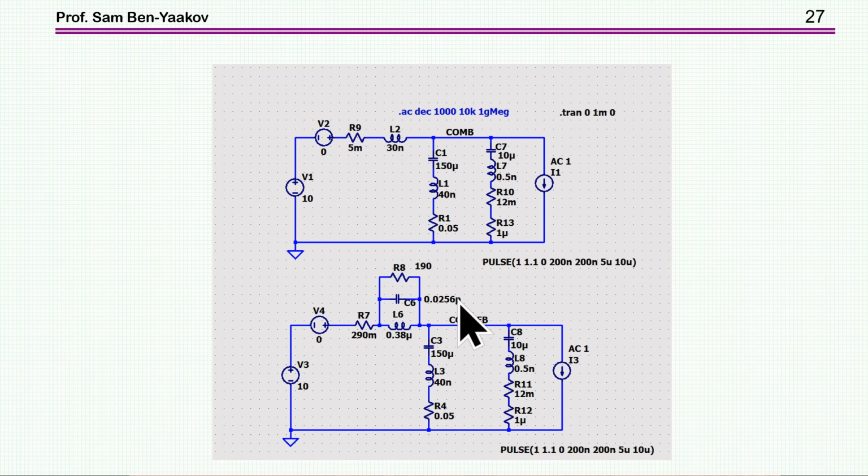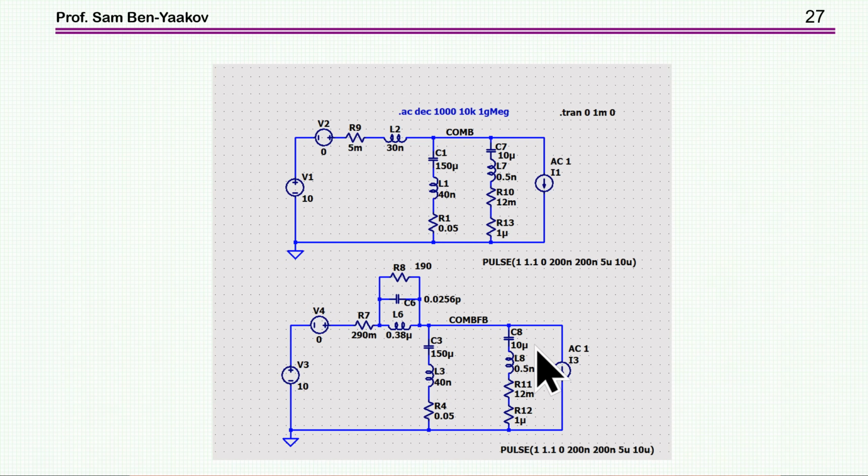Now I'm comparing what happens with the ferrite and without the ferrite. But now I've put here sort of an impedance that might represent a line between the source and our system, okay? 5 milliohm, 30 nanohenry, trace, and maybe a ground plane that represent what is really happening.